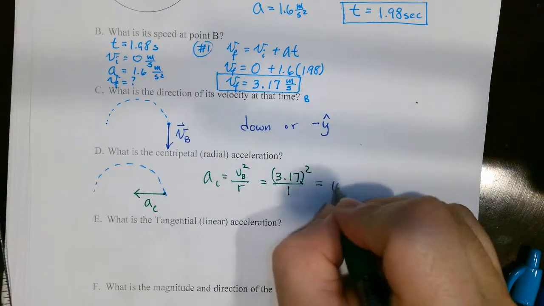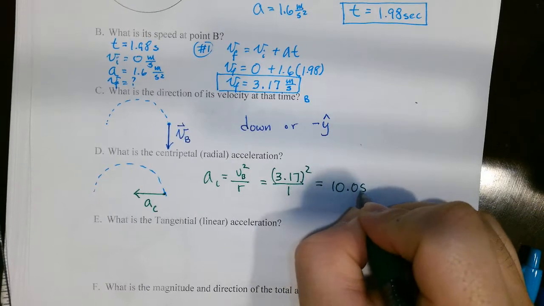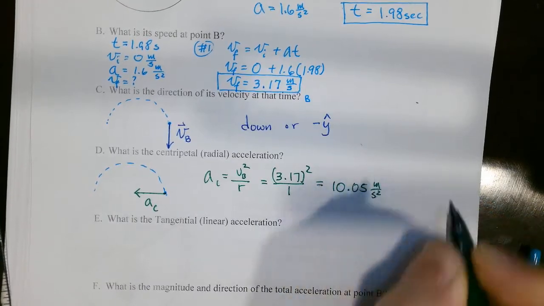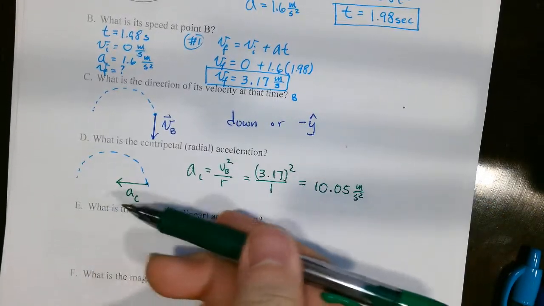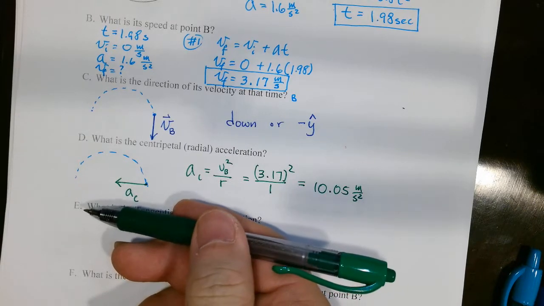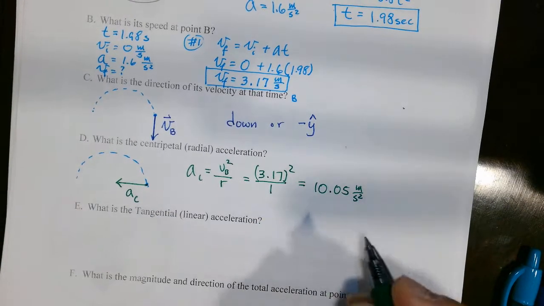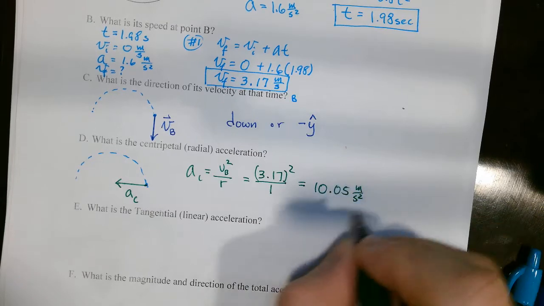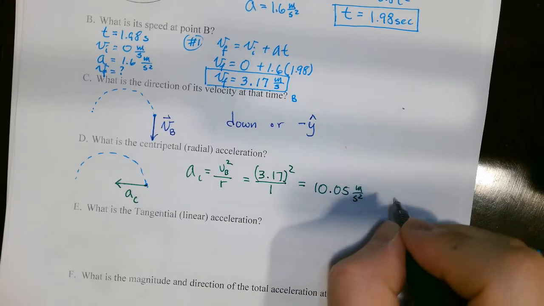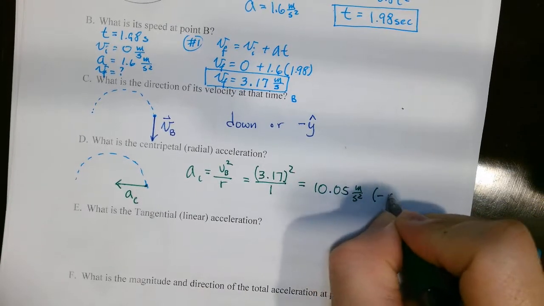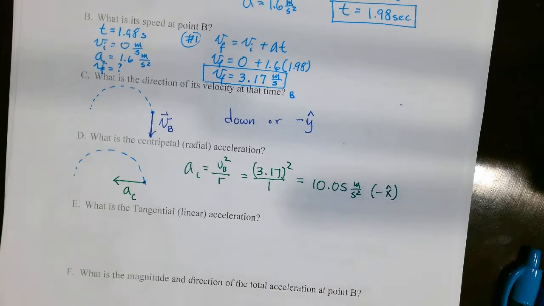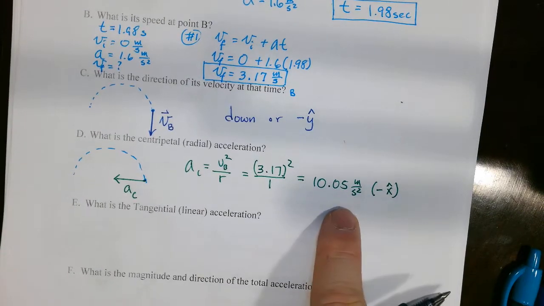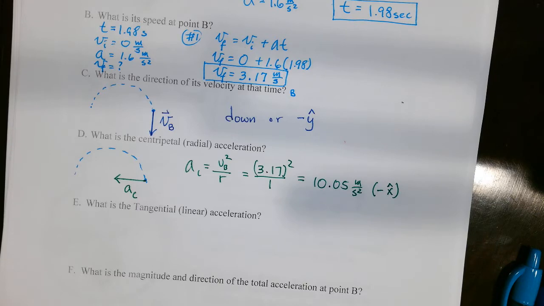And I get 10.05 meters per second squared. Now, since it's going in this direction, I would say negative x hat. Or you could simply say towards the center of the circle, okay?